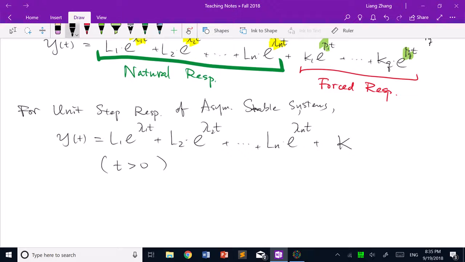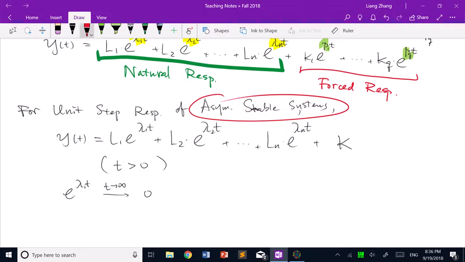And if the system is asymptotically stable, then all the e to the lambda i t will eventually decay to 0 as t goes to infinity. Okay? This is the result of an asymptotically stable system. All your natural response will decay to 0.